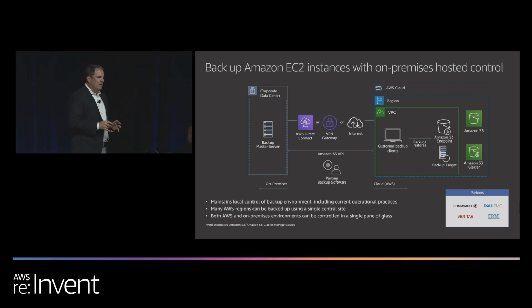So if you're an organization that has traditionally backed up on-premises and you want to extend the capabilities into the AWS cloud, but maintain a common control plane or single pane of glass for managing that infrastructure, if you want to have the ability to consolidate reporting across both your AWS and on-premises environments, if you want to be able to create common policies and have those enforced across your on-premises and AWS environment, this may be a great solution for you.